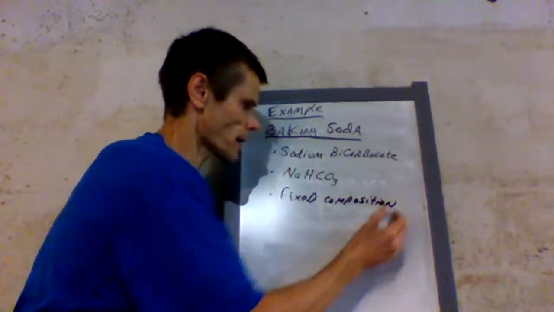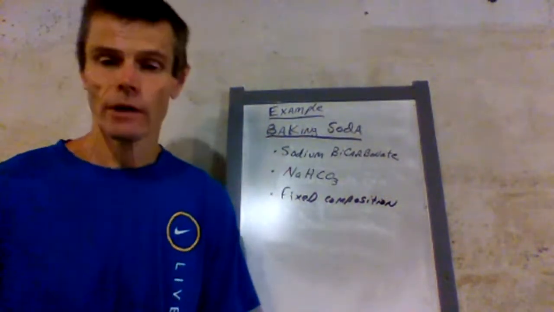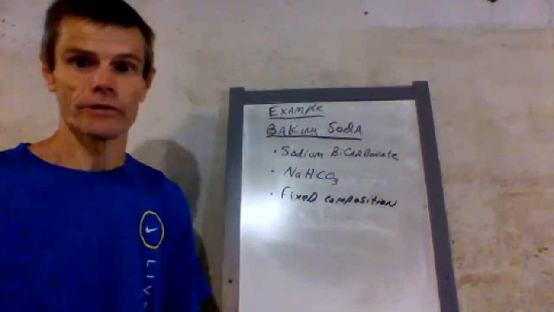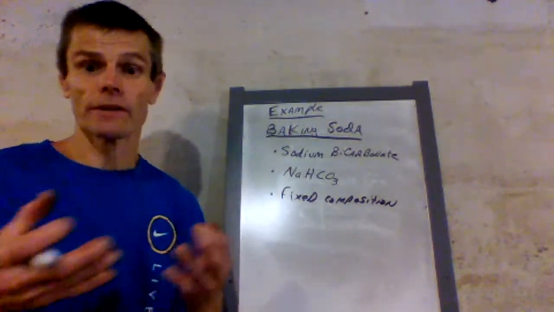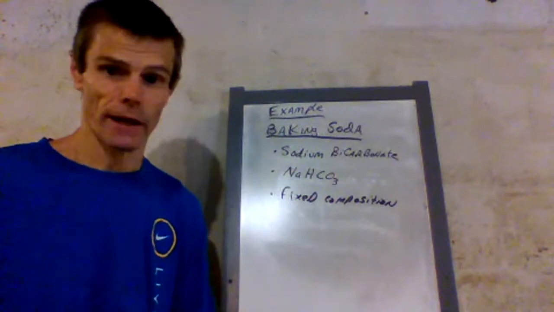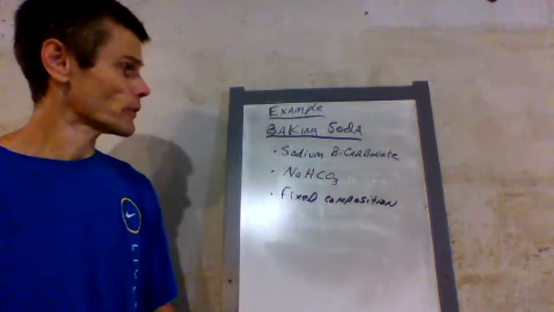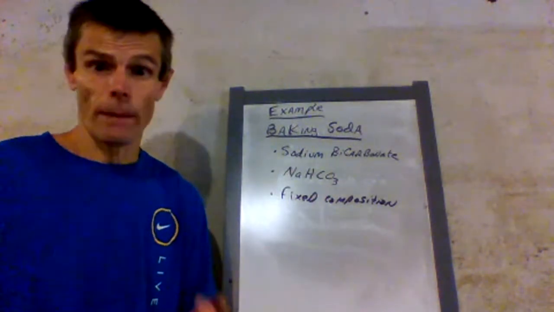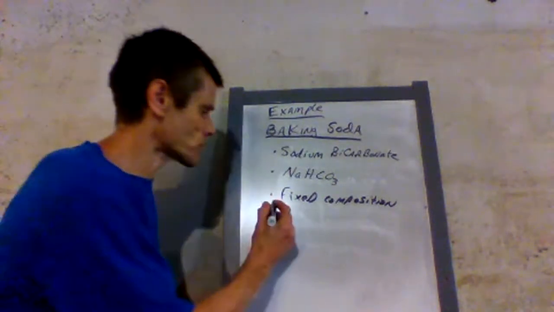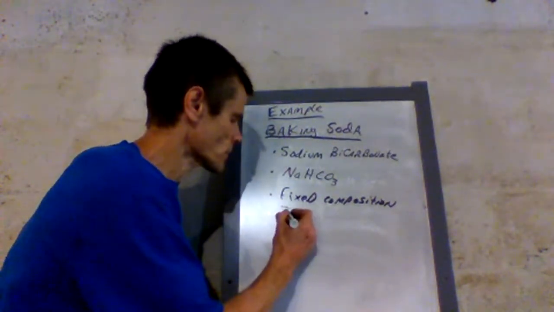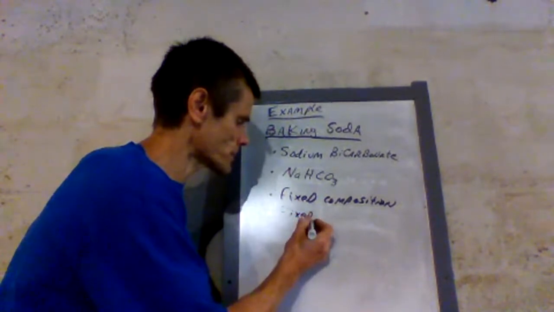If you took a more advanced class, you would learn that this particular substance does have certain acidic and basic properties associated with it. And that would tell us that it does have certain chemical properties that are fixed. So it has fixed composition, fixed properties.